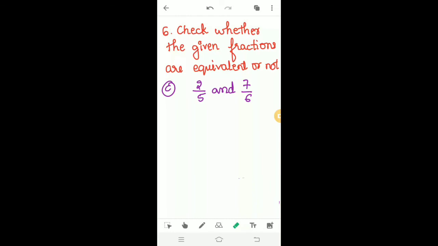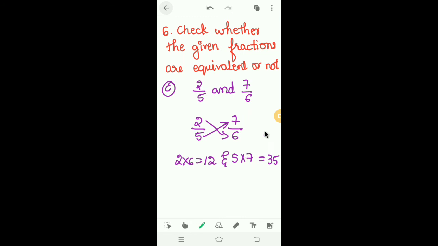Let's solve C1, 2 by 5 and 7 by 6. Here we have to multiply the numerator of the first fraction by the denominator of the second fraction, and the denominator of the first fraction by the numerator of the second fraction. 2 into 6 is equal to 12. 5 into 7 is equal to 35.